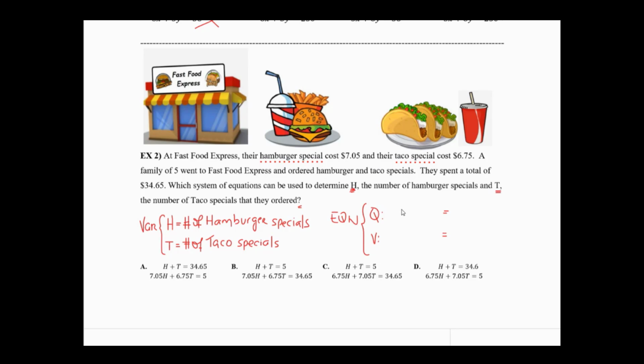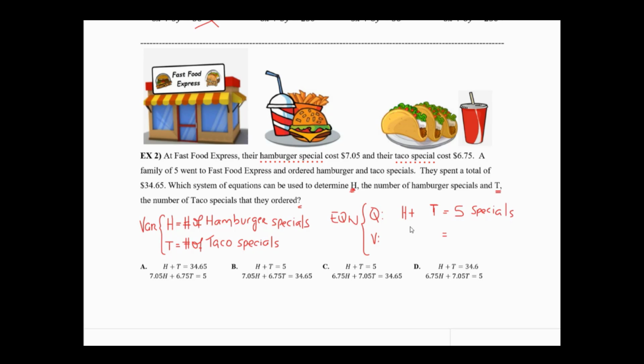So we know that we order hamburger and taco specials, and there were total 5 people, so there were 5 specials ordered. That's our quantity. There were 5 specials, so let's write it there. 5 specials. That's what we're dealing with.